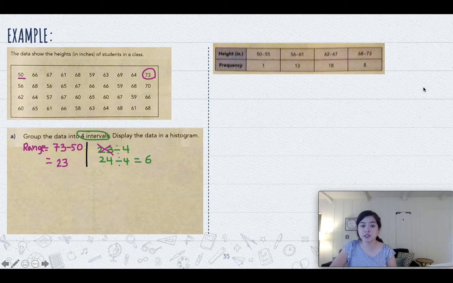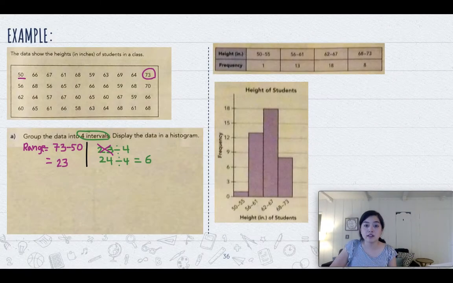Now after that, we have to draw our histogram. Our histogram is going to look like this. Again, there's 4 intervals, 1, 2, 3, 4, and each interval spans 6 inches here. We start the data here at this point, and they just marked this 50 to 55, which you can do as well. You don't have to do a little break mark like I did.